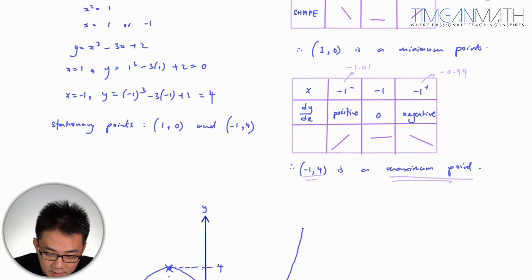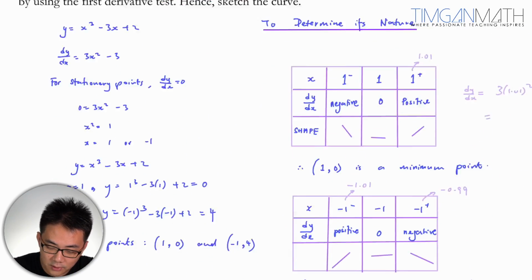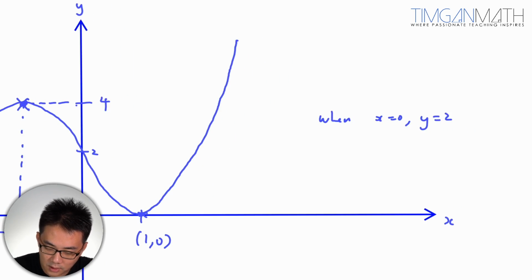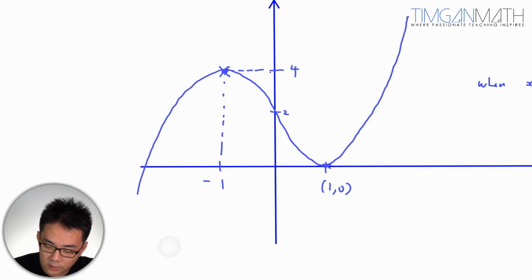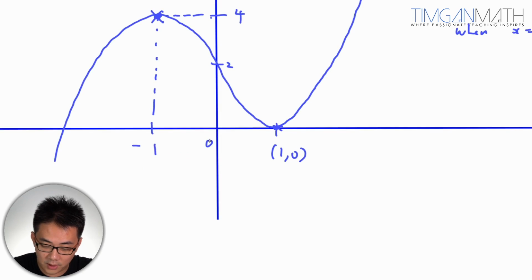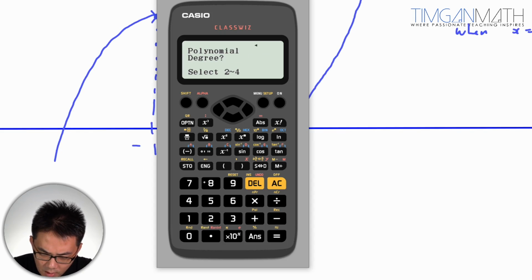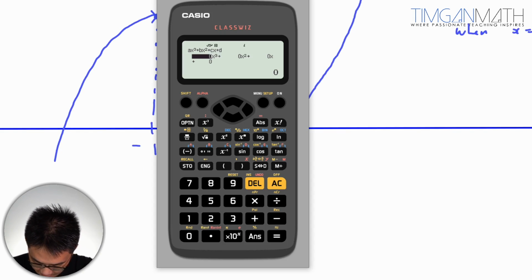When x is 0, we just find the intercept here. When x is 0, y is 2, so that's the y-intercept. If you want to find the x-intercepts, you can do a long division, a Sec 3 topic, or I'm just going to use the calculator, because usually what they'll ask is for you to find the stationary points. In this case, that's not our main point.